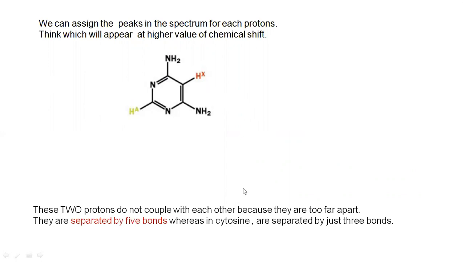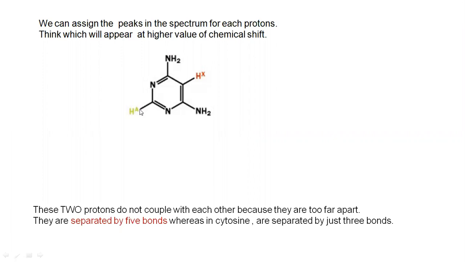The reason is the absence of any neighboring proton here, so they do not couple and therefore appear as singlets. Now see these two protons, can't they couple? No, they cannot couple. Why? Because we know that only a 4 bond distance is effective between two nuclei; coupling is possible only up to 4 bonds.